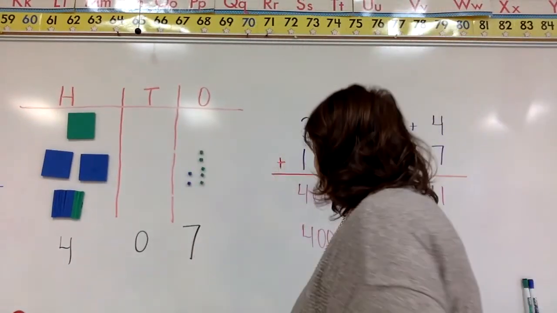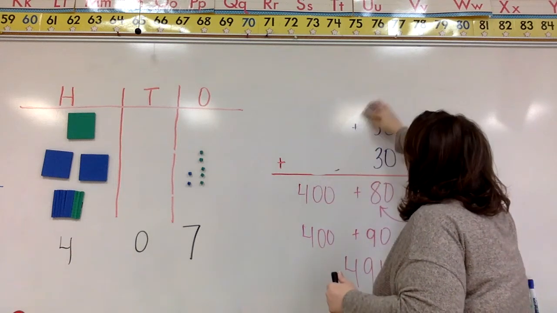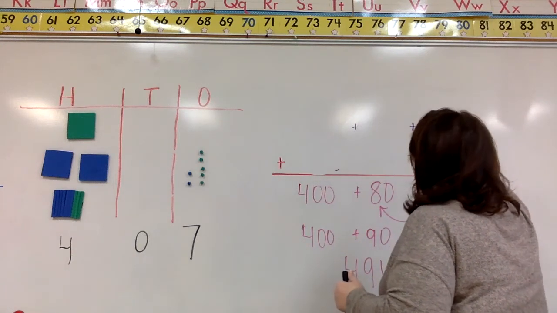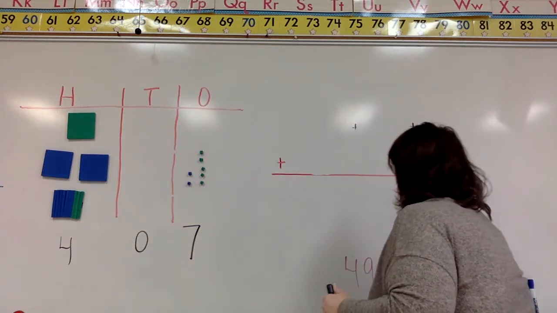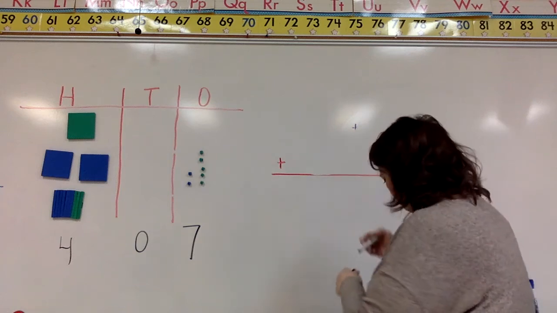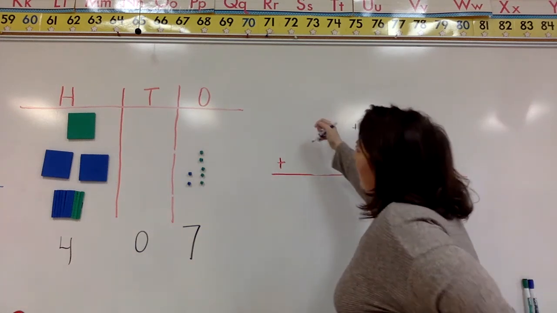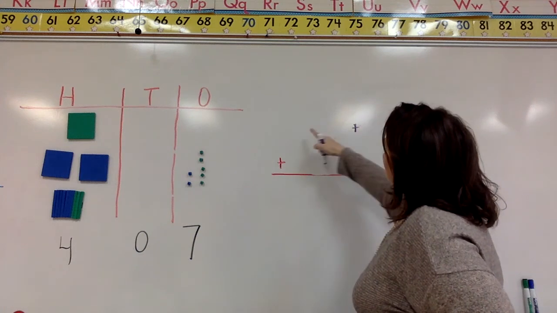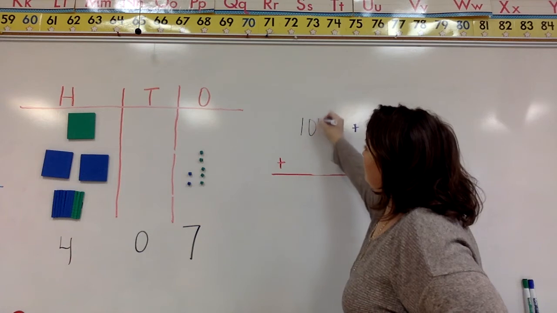Now, let's look at it in our expanded form. Got to erase our old problem here. Okay. Let me use the purple. All right, so it's 135. What's the first number in expanded form? 100.